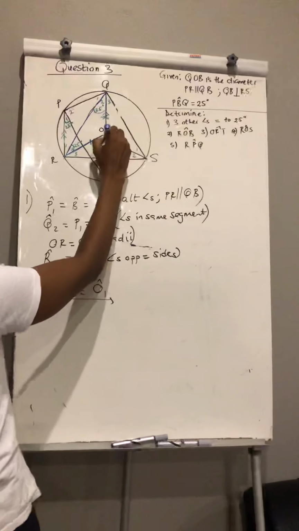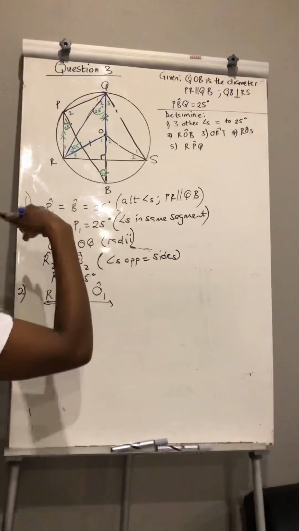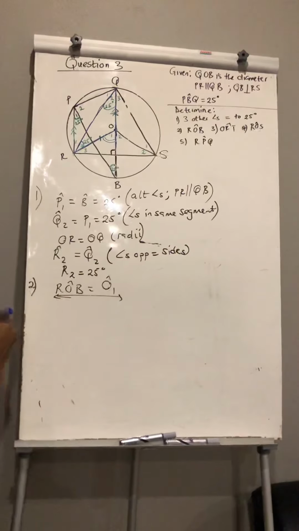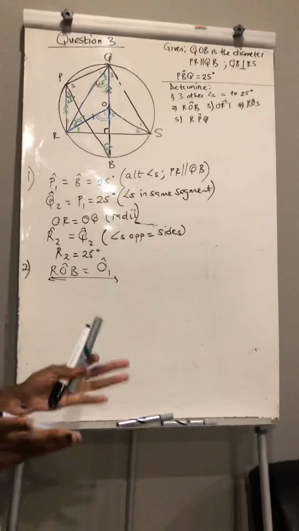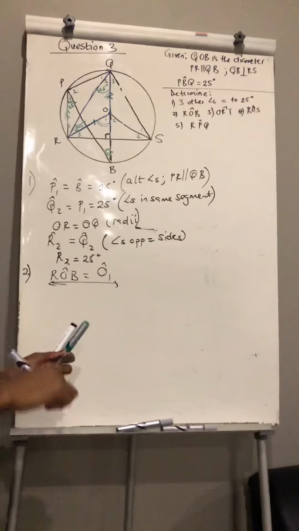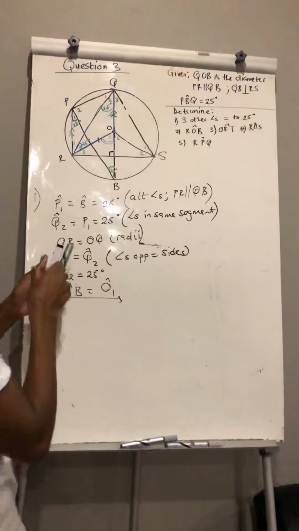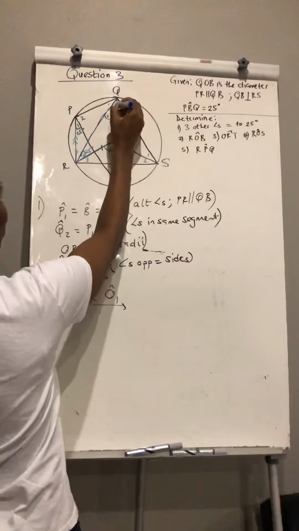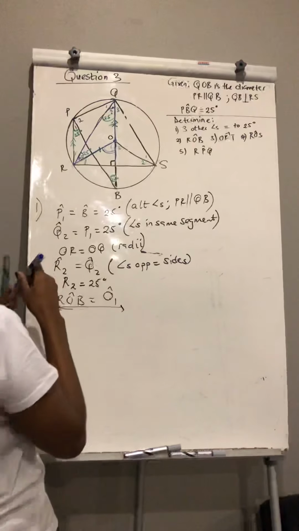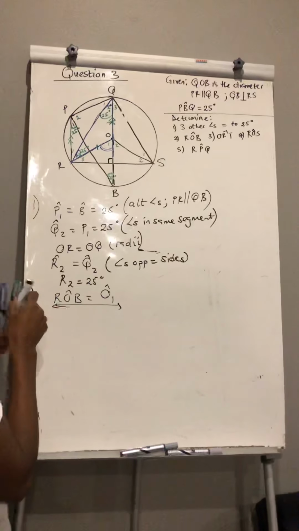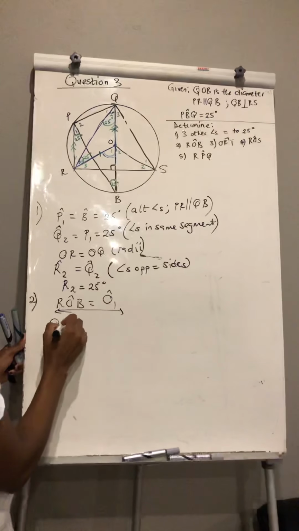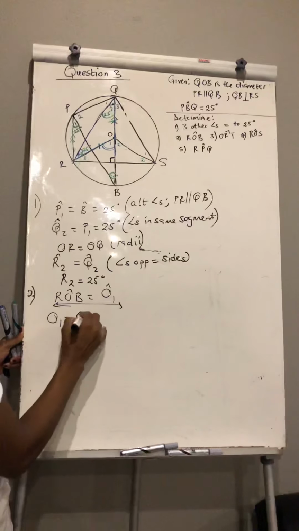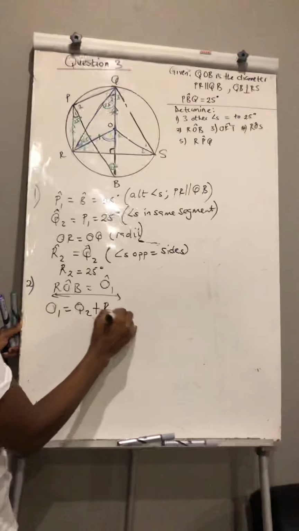And if we have a line that carries on straight like that, it means that we are creating what we call an exterior angle of a triangle. And from what we know, the exterior angle of a triangle is equal to the sum of the opposite interior angles. So this angle right here will be equal to the sum of these 2 angles, that one and that one. Of course, we should remember that one. So I'm going to say O1 is equal to Q2, we named that one Q2, plus R2.